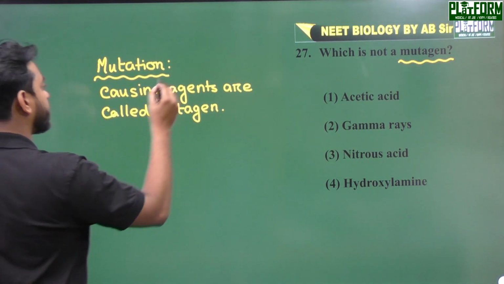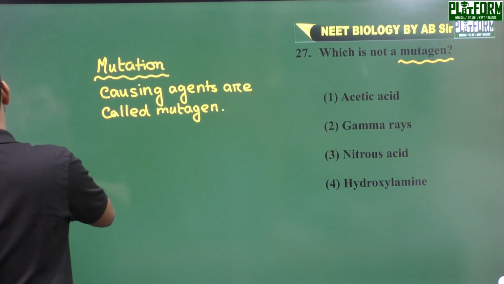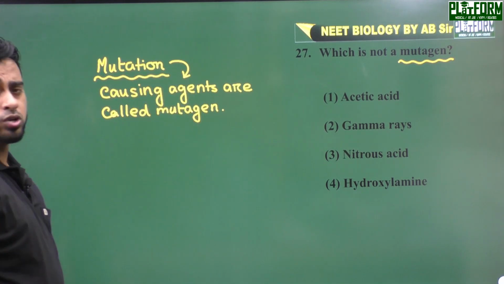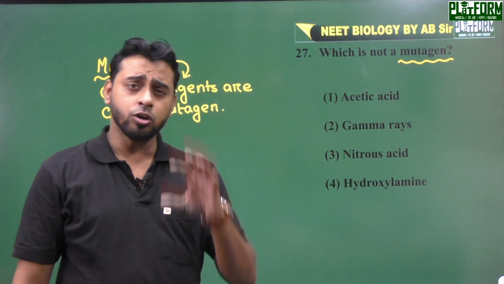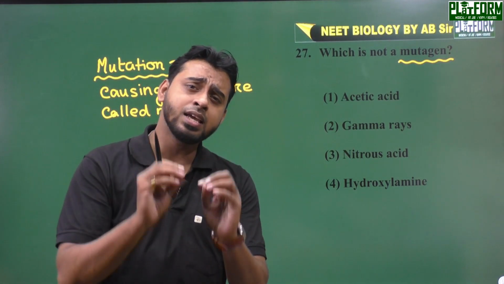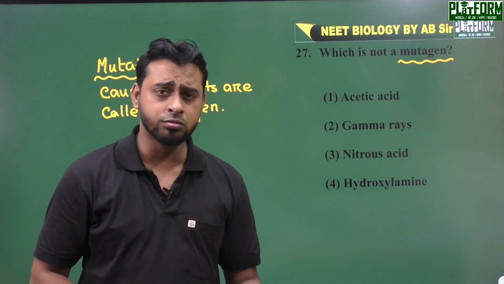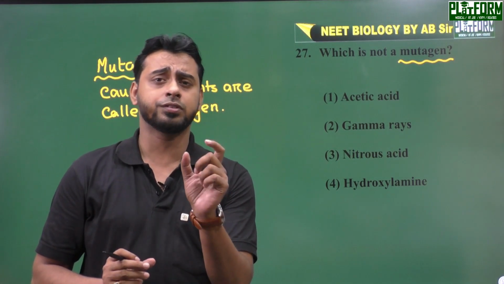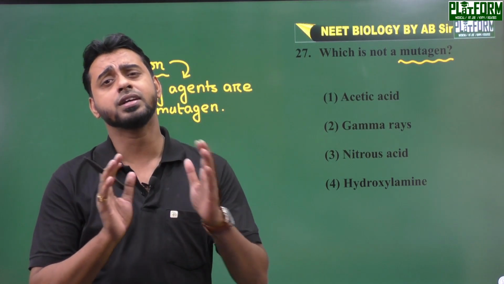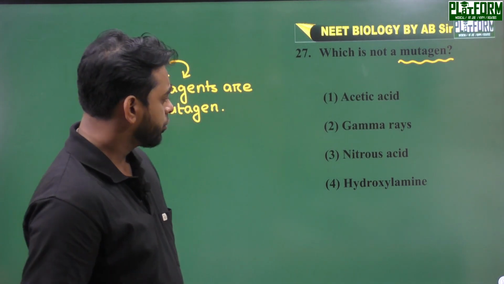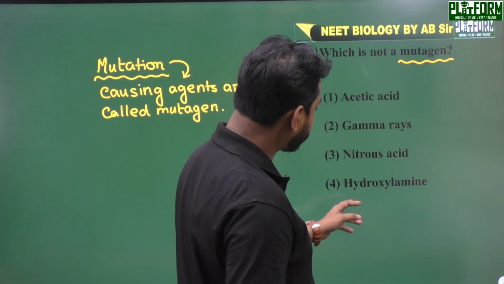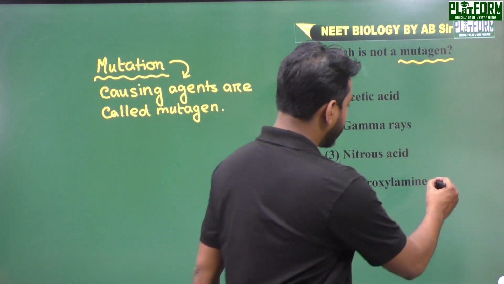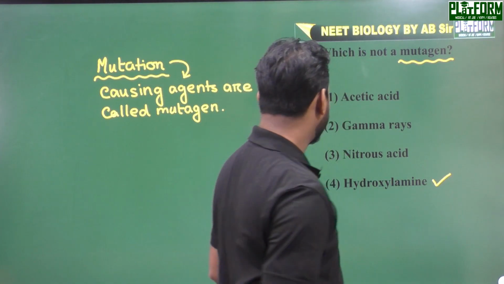So the mutation causing agents are considered as mutagens. Okay. So the mutagen includes any agent which is responsible for changing some part of the nitrogen base present in the DNA. Fine. So hydroxylamine, definitely it is a mutagen.